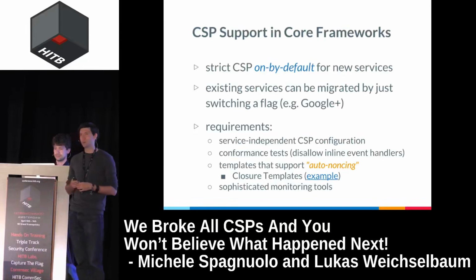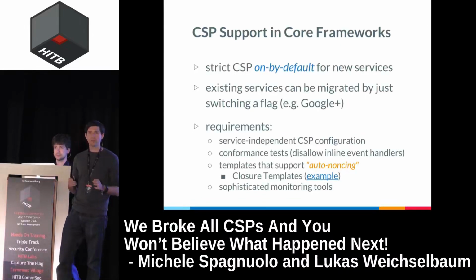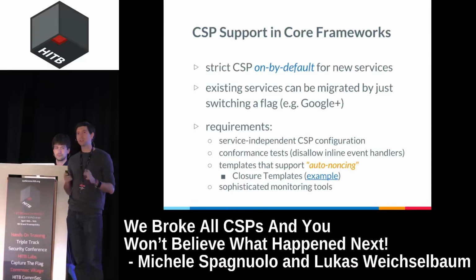The next thing is conformance tests. You probably have not heard about that before. These are special tests we run at Google to prevent developers from submitting anti-patterns to the code base. And one of these conformance tests checks that there are no inline event handlers in the HTML markup.